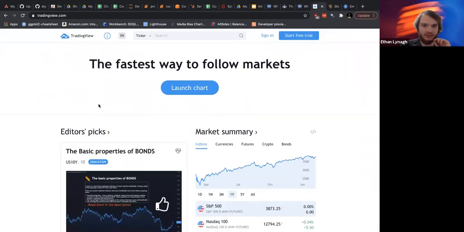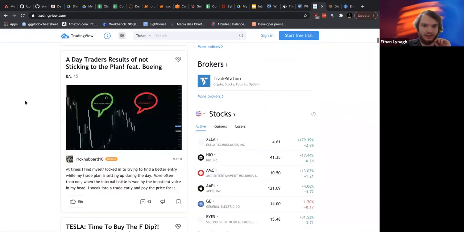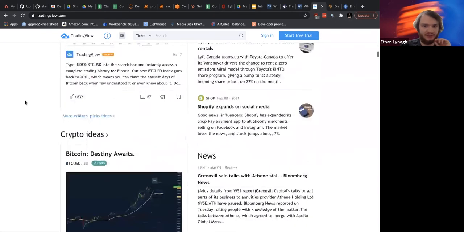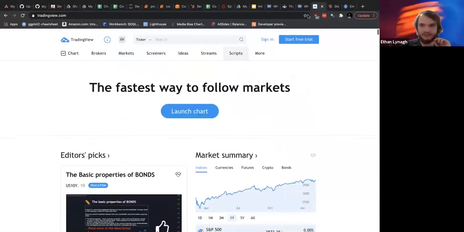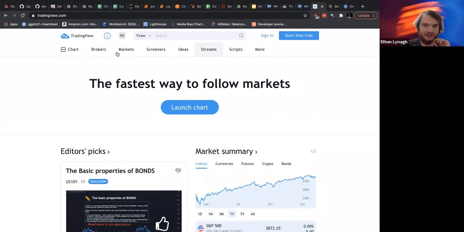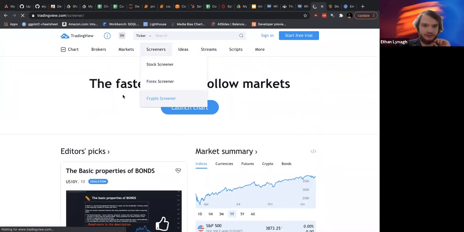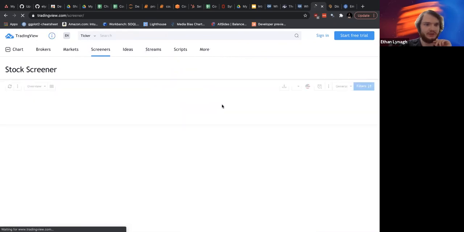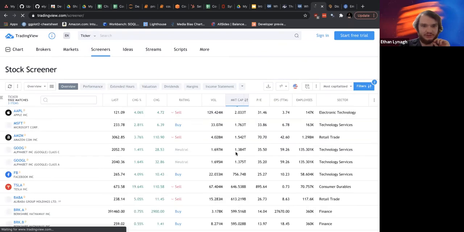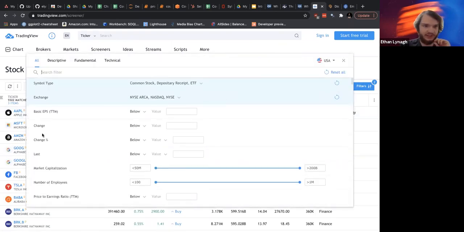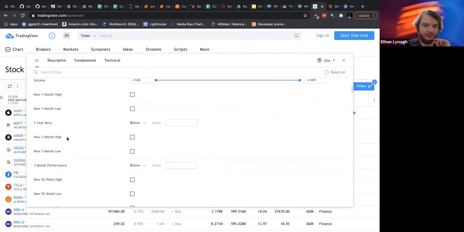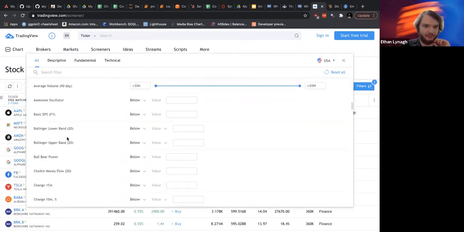And then there's also TradingView, which is a bit easier way to look at the stuff that Quant Connect has. Wait for this to load. There you go. So it's a bit easier, I would say, to use TradingView because you can look at all the different indicators you can use to look at stocks.